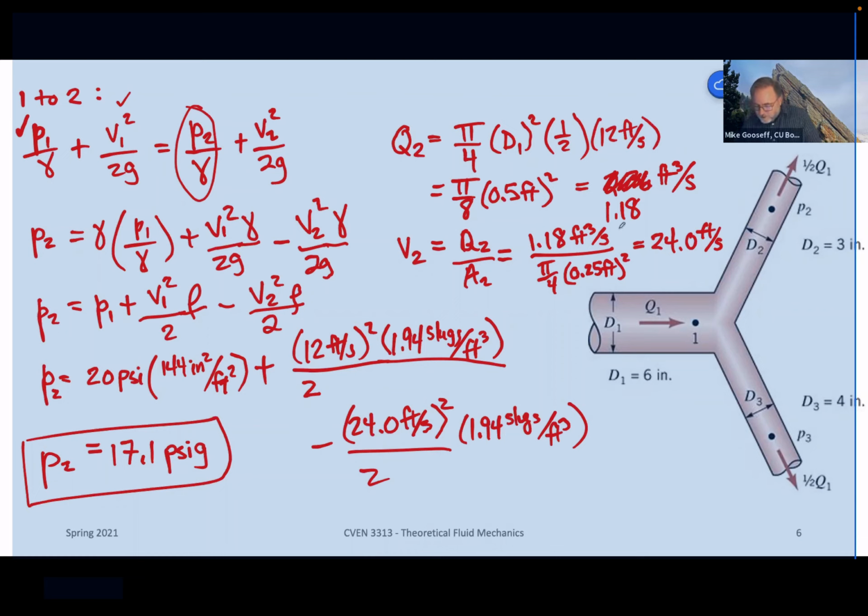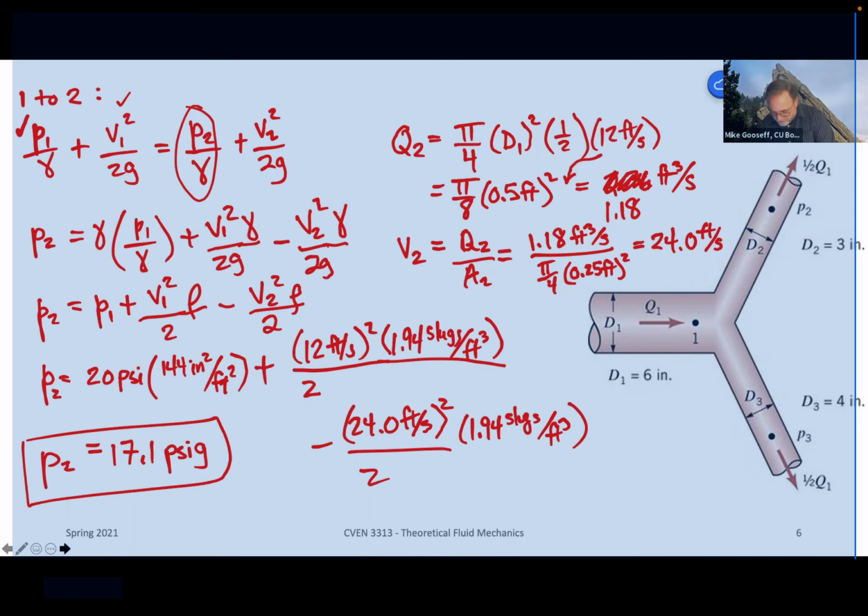The number is correct. I just didn't include it there. So this also needs to come in right here. I had the solution correct. I just didn't write out the full equation. Sorry. Thanks for that, Emma. Anything else pop up? Okay. All right, so that's P2.